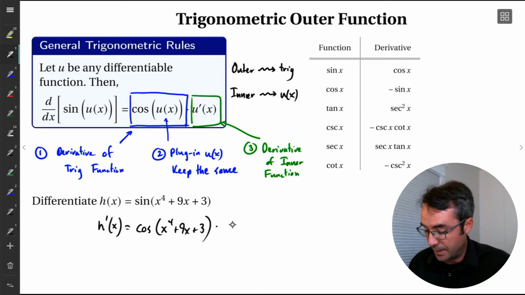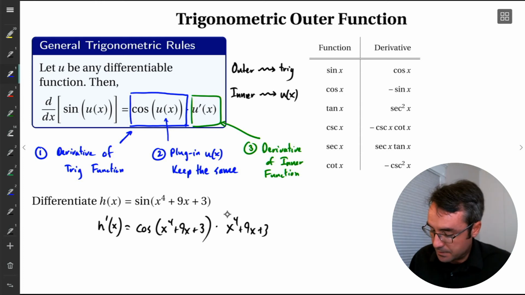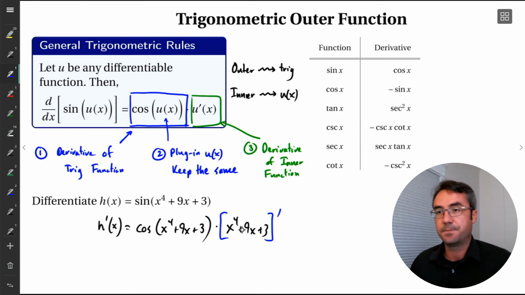So h prime of x is cosine, the derivative of sine, our inner function plugged in, unchanged, and then we multiply by the derivative of the inner function.